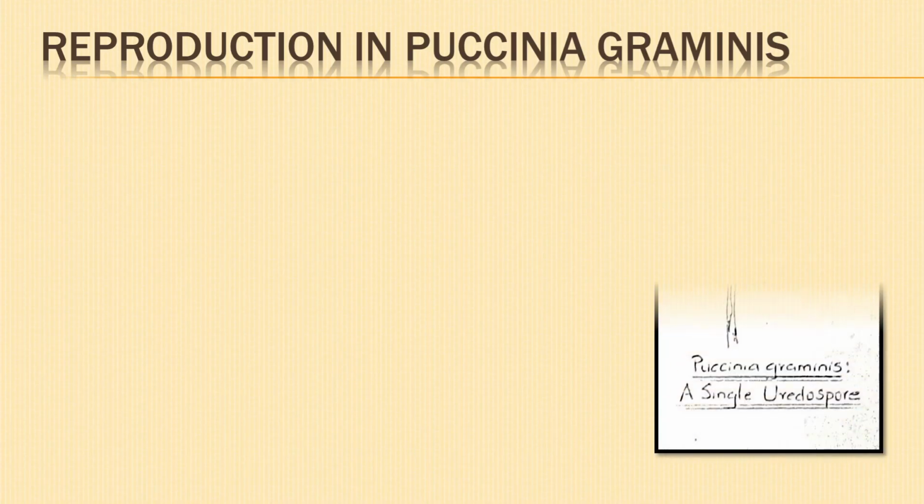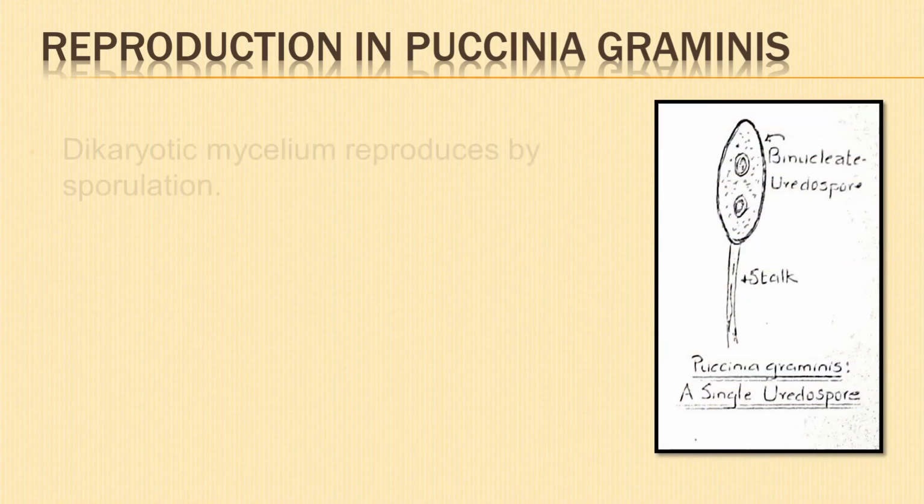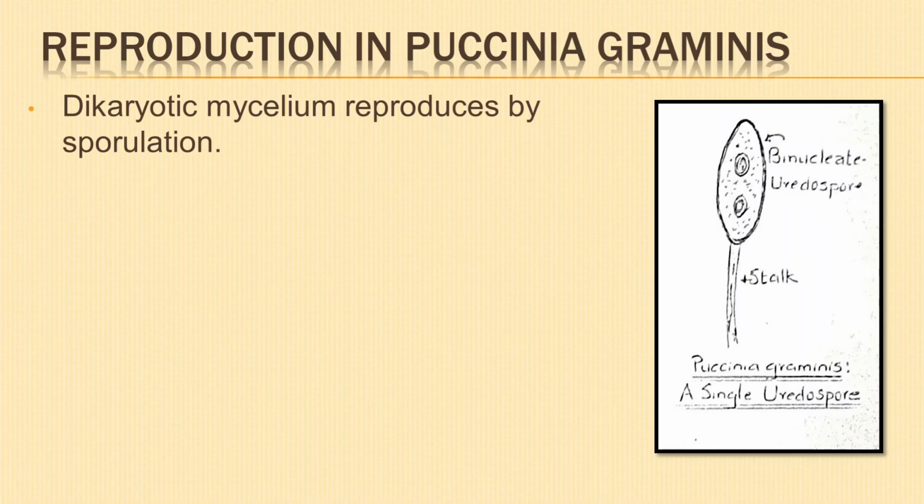Now, let us study the reproduction in Puccinia graminis. The dikaryotic mycelium of Puccinia graminis reproduces by sporulation.